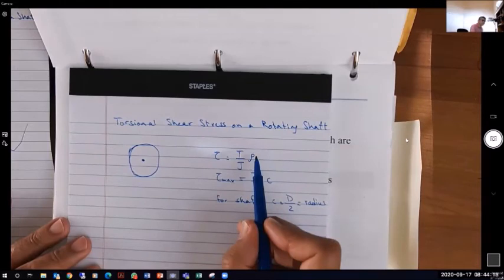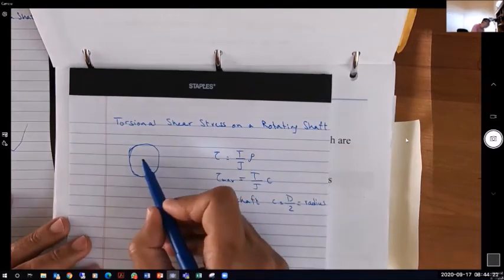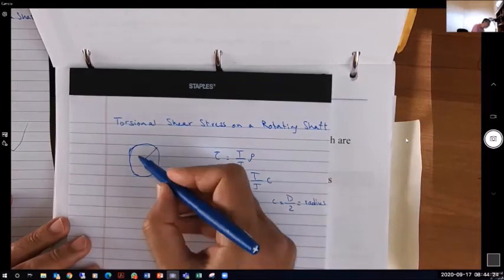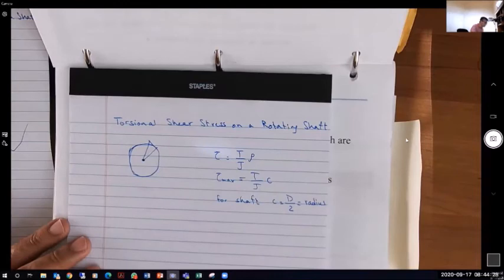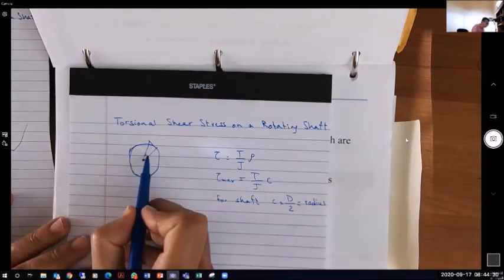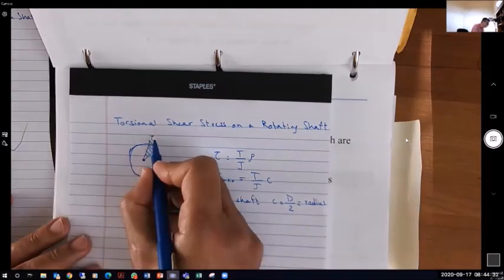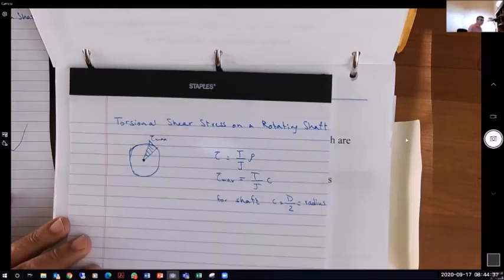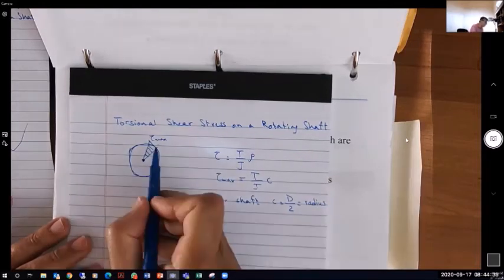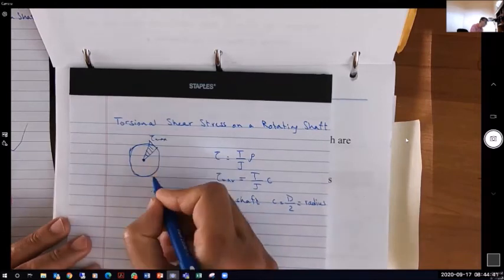Since tau is a function of rho, the shear stress varies linearly in the radial direction. So the shear stress distribution looks something like this, where I get my tau max. If rho equals 0, right at the center, I have 0, and I get my maximum stress on the circumference.